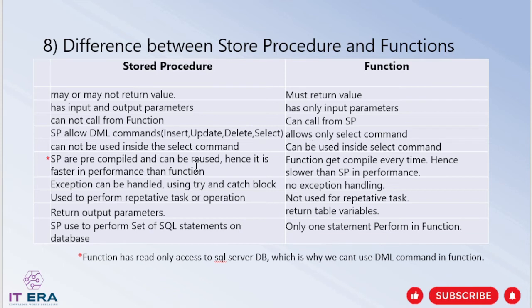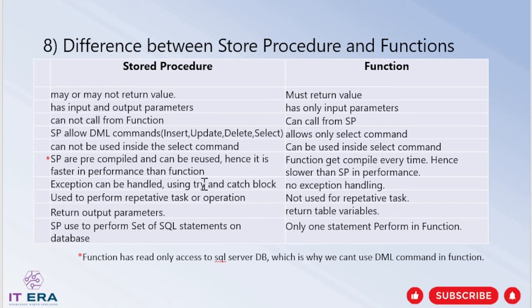Store procedure cannot be used inside the select command, but function can be used inside the select command. Another important point is that store procedures are pre-compiled and can be reused, hence it is faster in performance. Functions get compiled every time, hence slower than the SP in performance. Here, the interviewer can ask separately which is faster and which is slower.